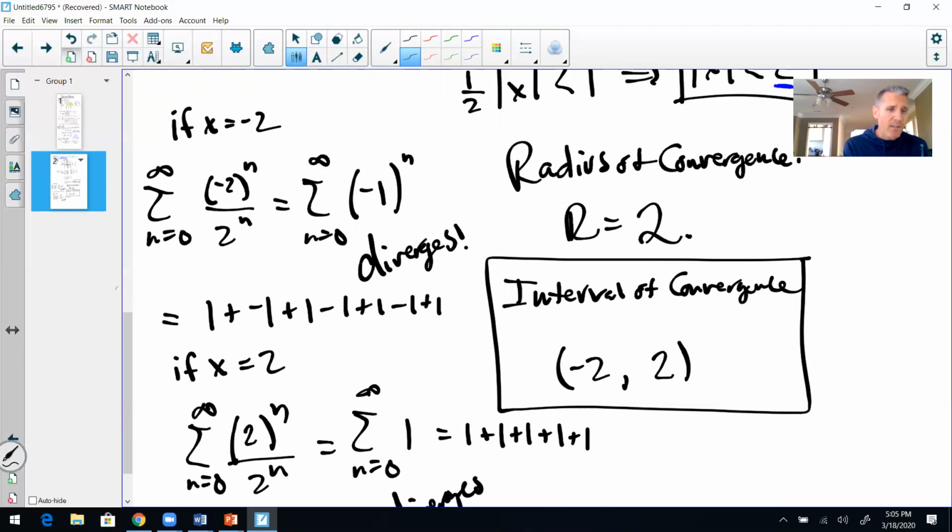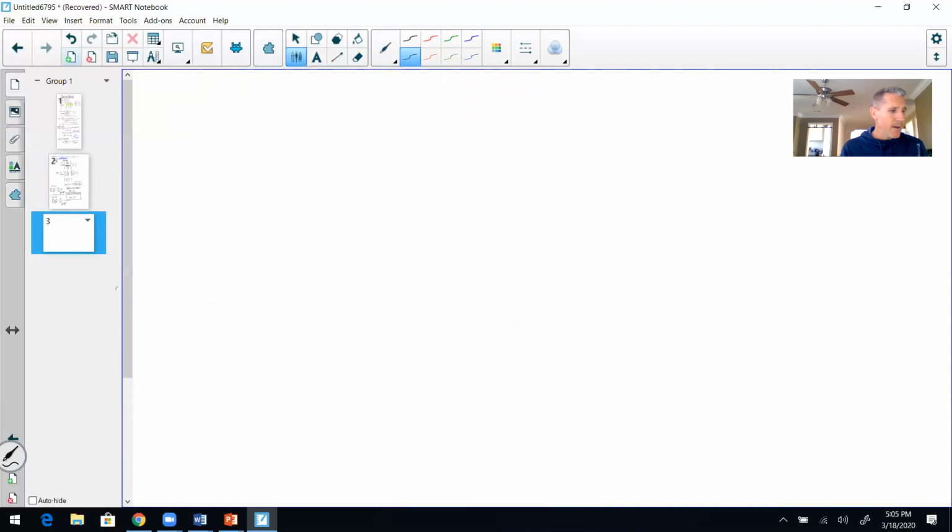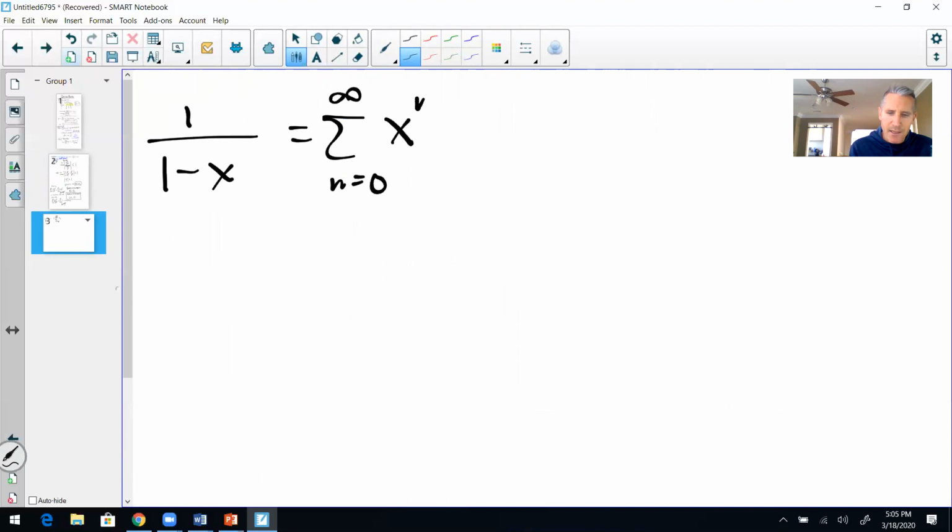And then what I talked about was, okay, if we know that 1 over 1 minus x is equal to the summation as n goes from 0 to infinity of x to the n, let's look at example 4 from the book.